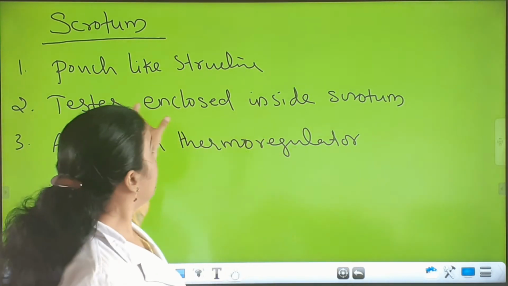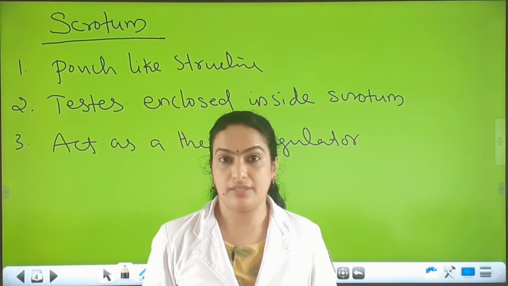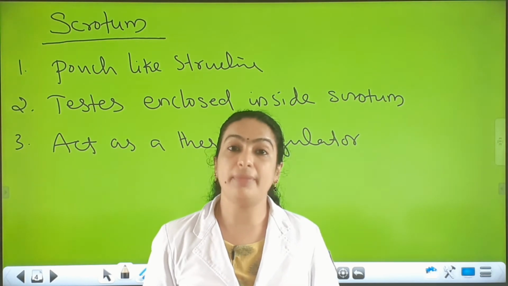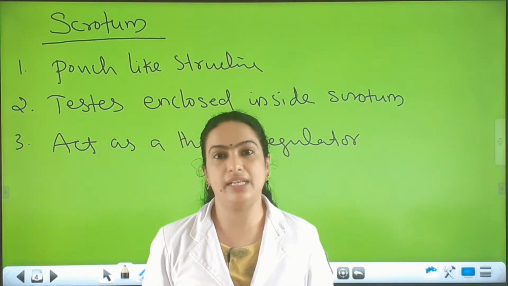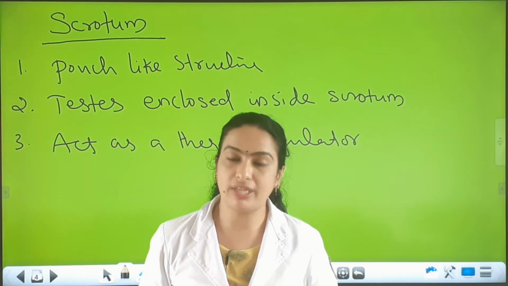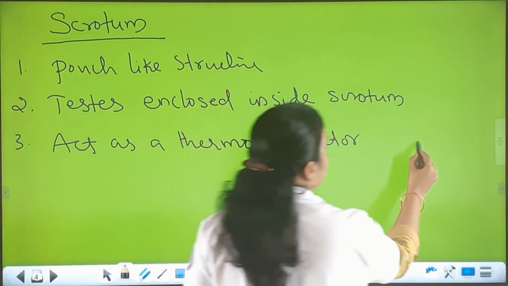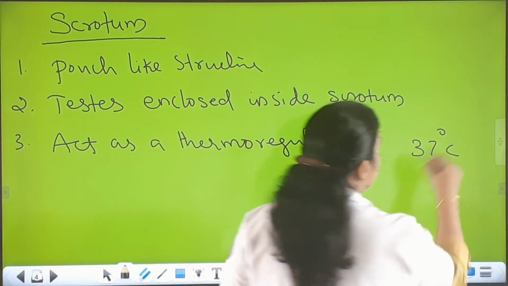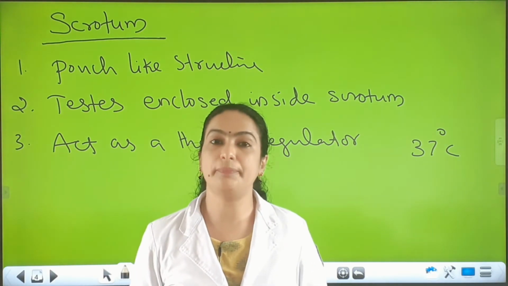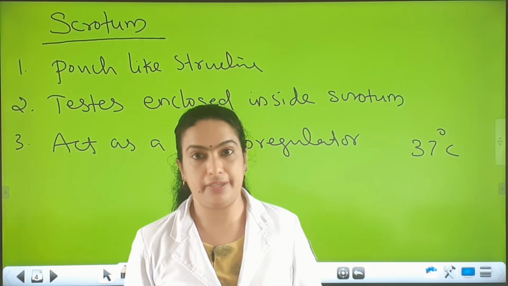So this scrotum actually hangs between the thigh, being outside the abdominal cavity, so it has only a lower temperature than the normal body temperature. What is the normal body temperature? 37 degrees Celsius.